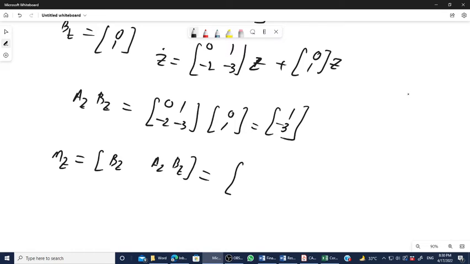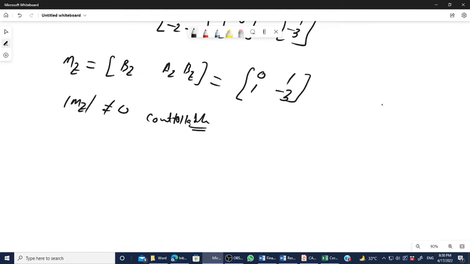Bz is [0 1], and AzBz is [1 -3], so you can find out Mz. It is not equal to 0, so controllable. It means your transformed dynamics is also controllable, right?